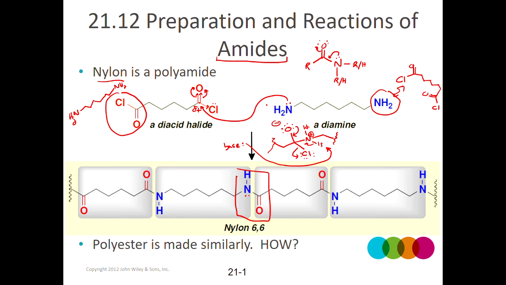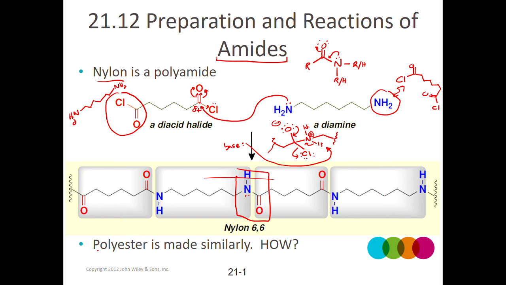Here, these can start making chains, and then since the ends of the chains remain reactive the whole time, those ends can start connecting to other chains that are already pre-made, or a monomer unit can connect one at a time. And so these things grow into chains from both ends of the chain.